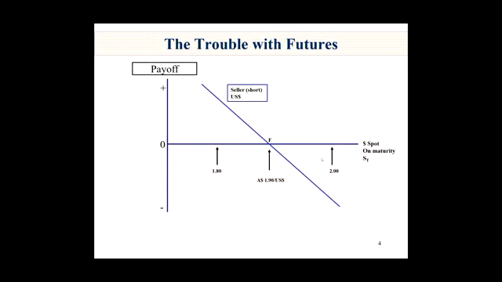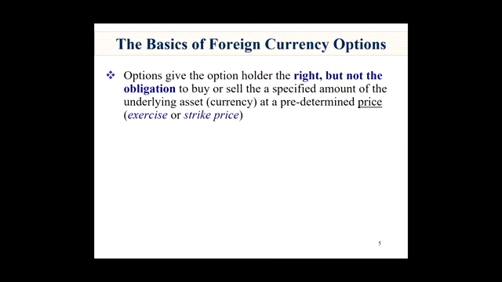However, if the spot rate is higher than what we've locked in, that's a disadvantage. We've agreed to sell for $1.90, but we would have been better off selling on the spot market for $2. So the problem with futures is that you've locked in that rate.